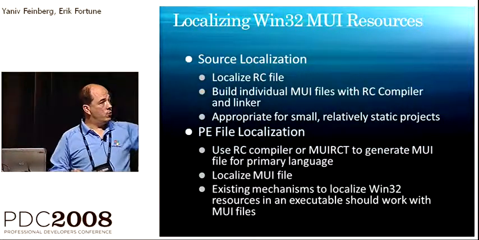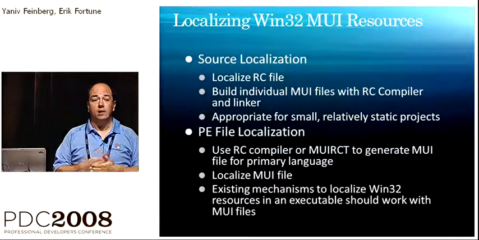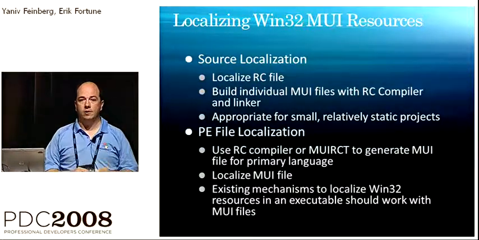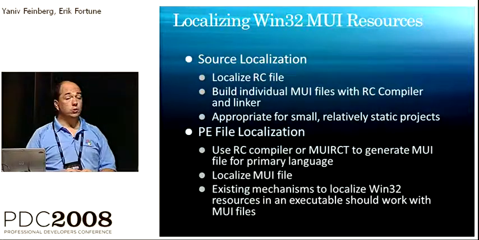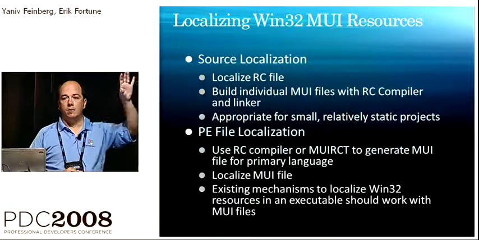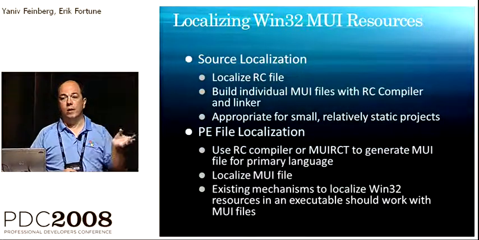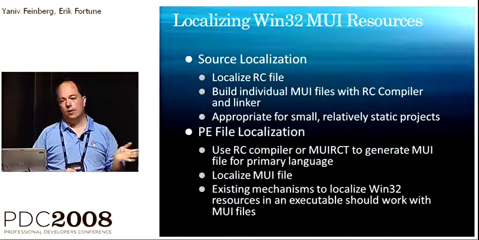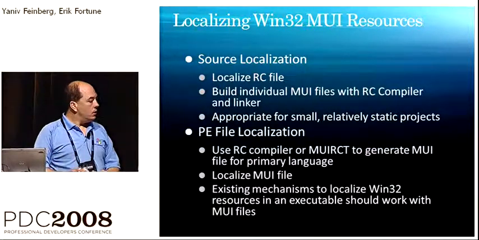PE file, so portable executable file localization, means actually editing the MUI file. So I do something to generate a MUI file with the contents I want, and then I run another tool which takes data typically from a translation memory or some other database and replaces the resources in the generated MUI file with another MUI file, and then off we go.